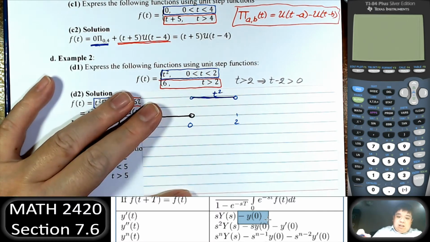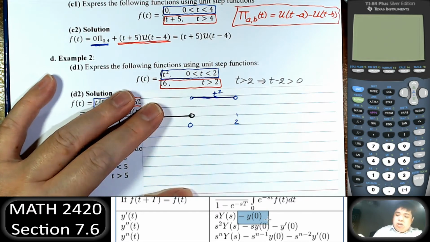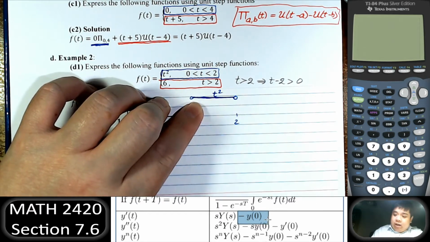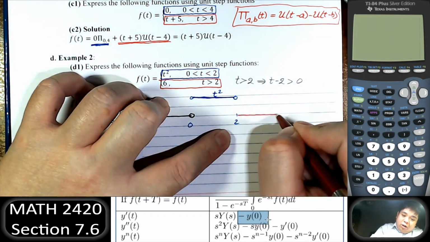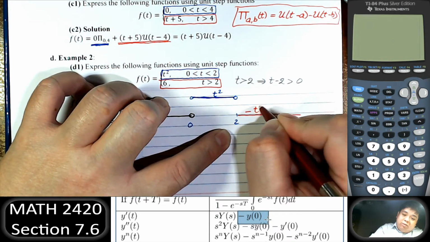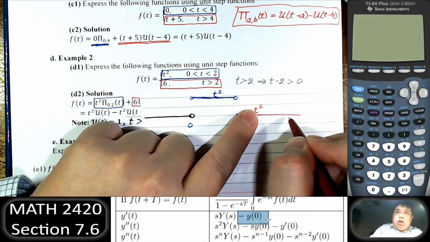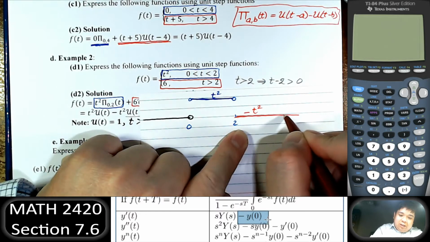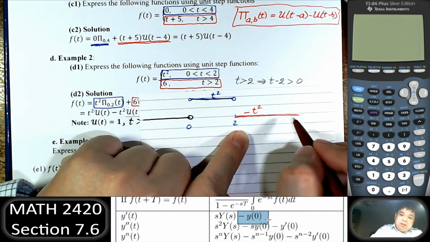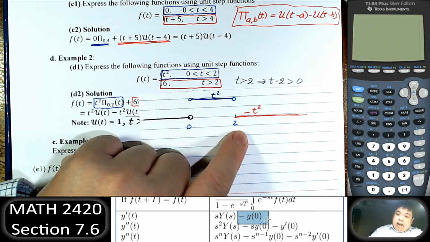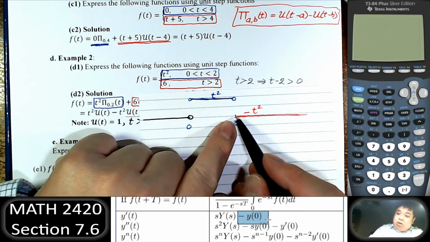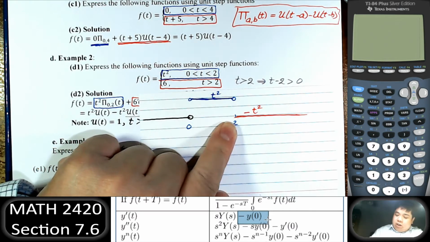But after that, from 2 on, the function is equal to 6. So first we have to get rid of the t squared. So from 2 on, we have to subtract the t squared first to bring this back to 0. So that's the first thing we do. And also when t is greater than 2, the function is equal to 6.